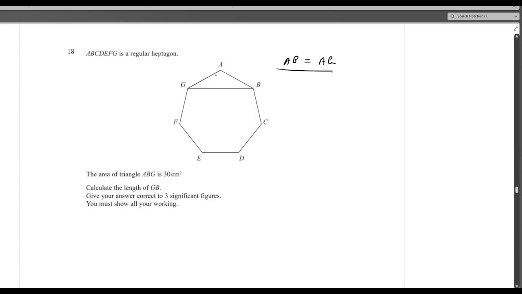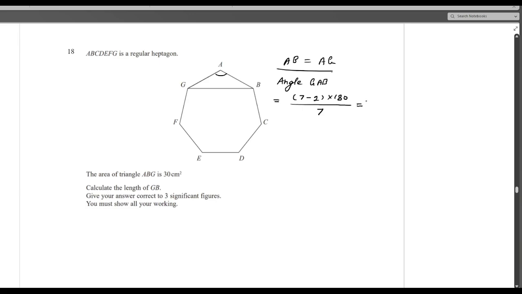And each interior angle, your angle GAB, we can find out using the formula: number of sides, that is 7 minus 2, times 180. This will give you the total sum of all the 7 angles. So if I divide this by 7, I will get each interior angle.